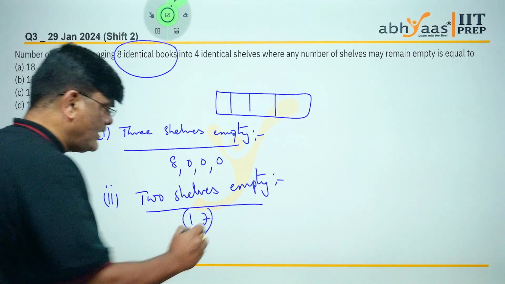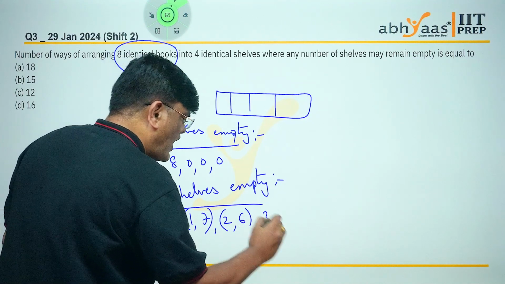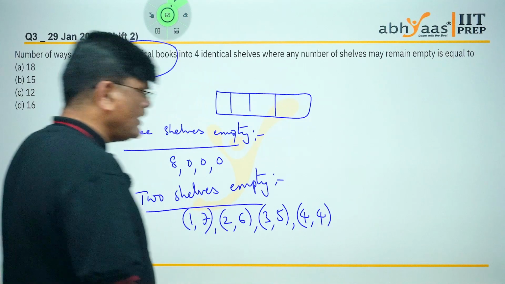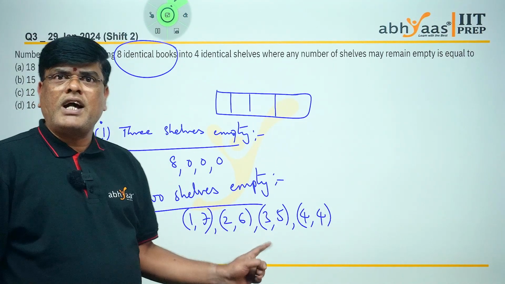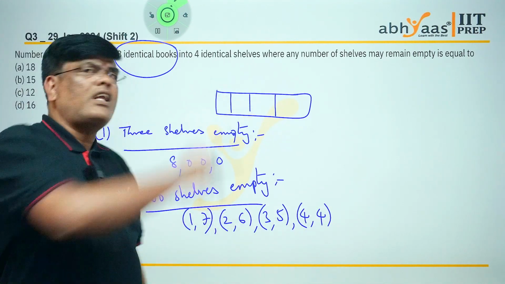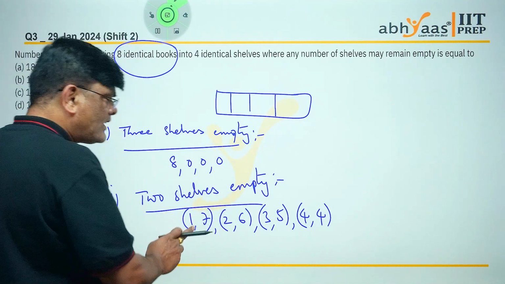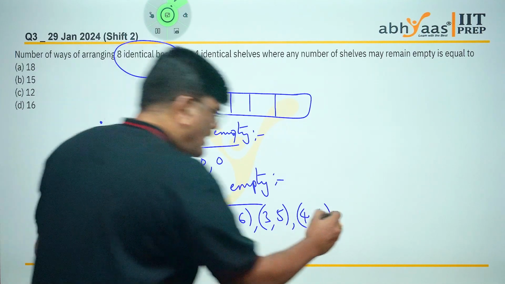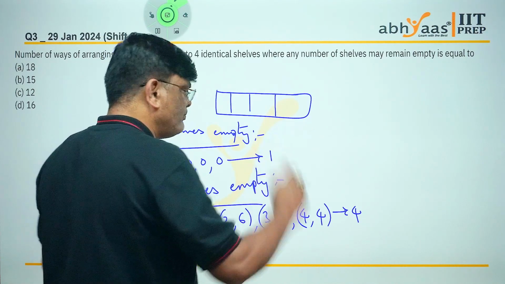Next 2 6, 3 5, 4 4. Next I cannot take 5 3, because if I take 5 3 then that will be an arrangement, but here shelves are identical. So how many cases are we getting? 4 cases. When 2 shelves are empty, there are 4 ways. When 3 shelves are empty, there is 1 way.